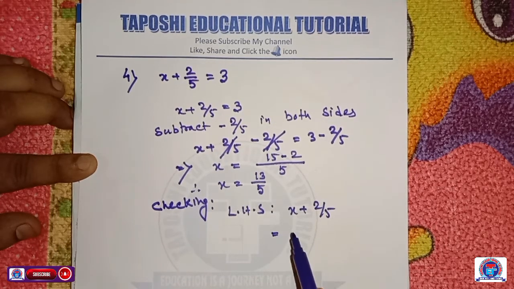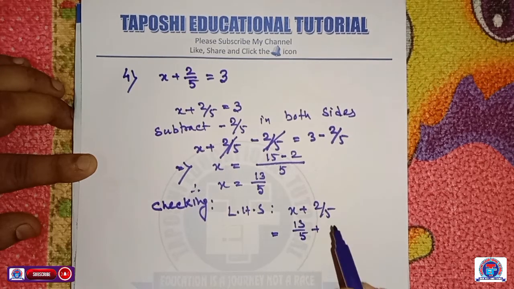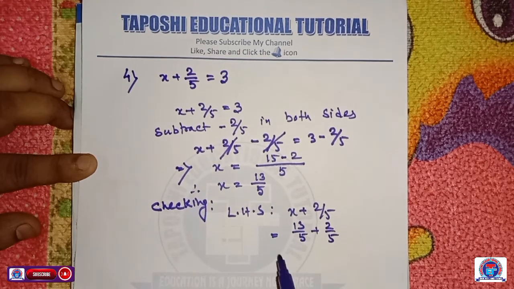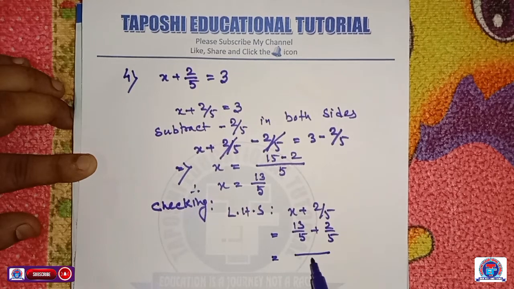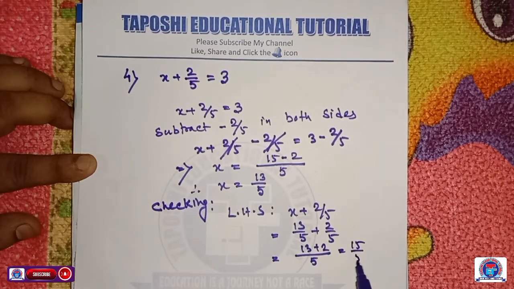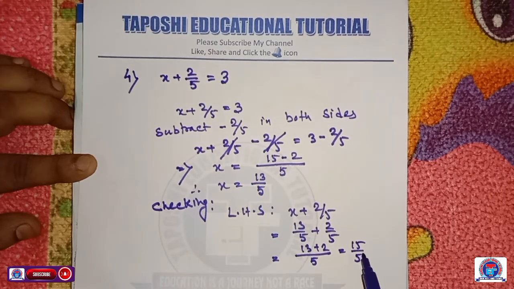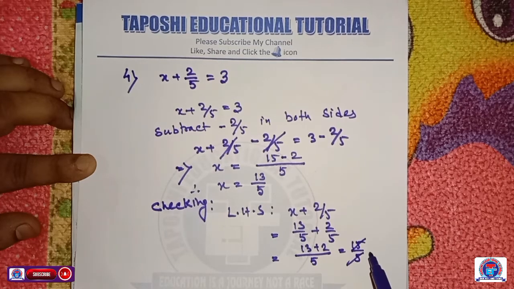Now putting the value of x, that is 13 by 5 plus 2 by 5. Then LCM will be 5. Then this one 13 plus 2 is equal to 15 by 5. So we make it lowest term, that is 5 threes are 15, which is equal to 3.